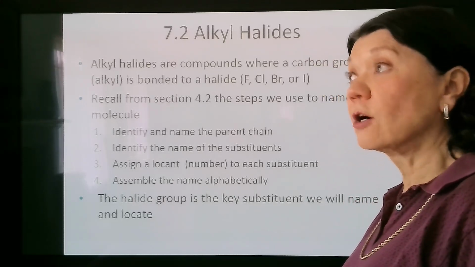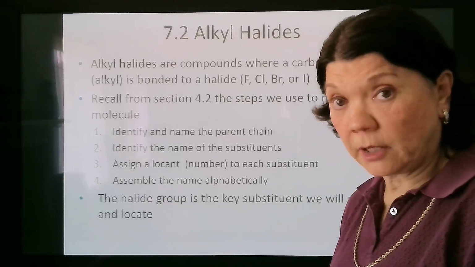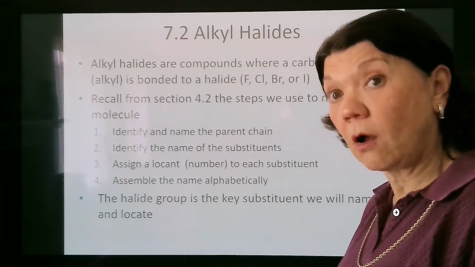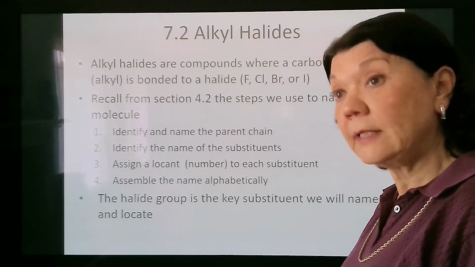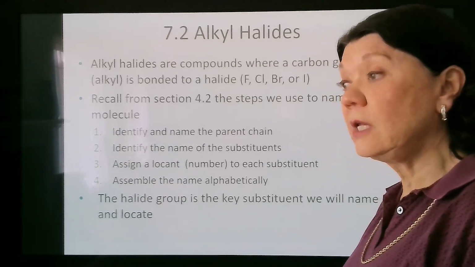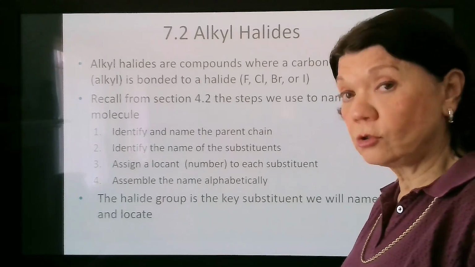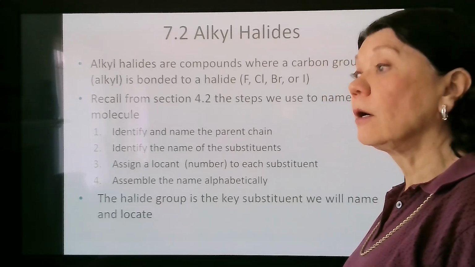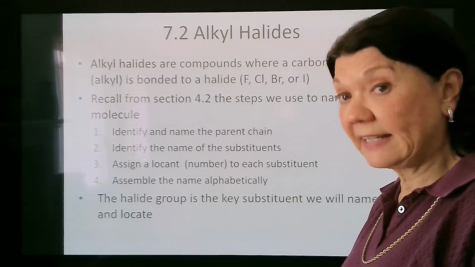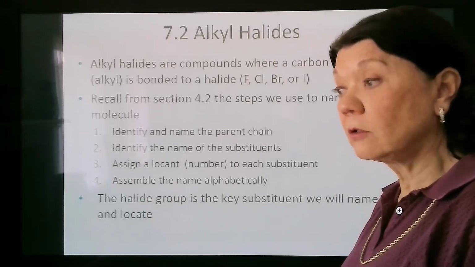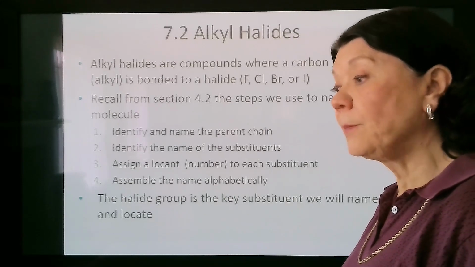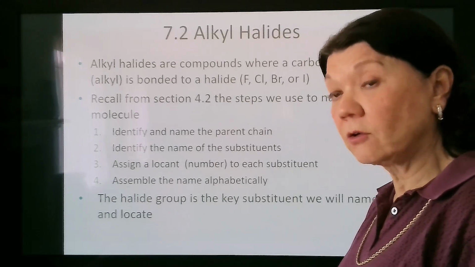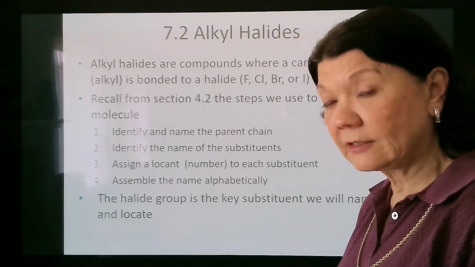You're going to see later on that in the other families of compounds, as in alcohols, aldehydes, ketones, those functional groups are named as suffixes. So an alcohol is like butanol. The OL designates it's an alcohol, and the OL is a suffix.